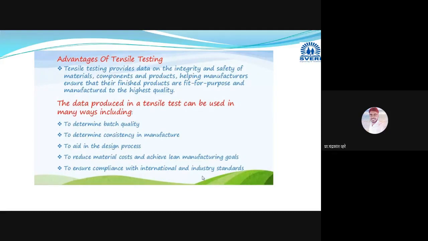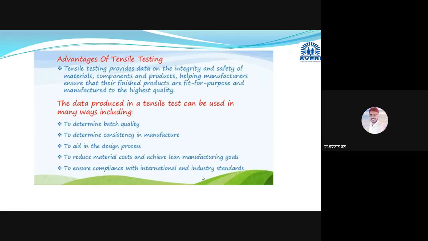Suppose there is impact testing, then as per the loading condition and our product environment, we need to use the appropriate testing method.